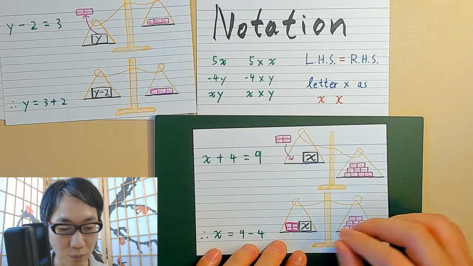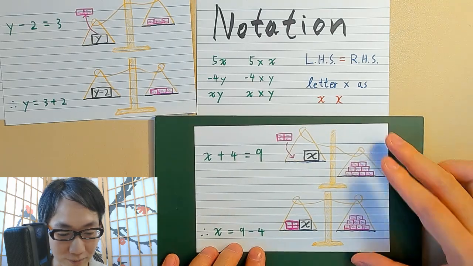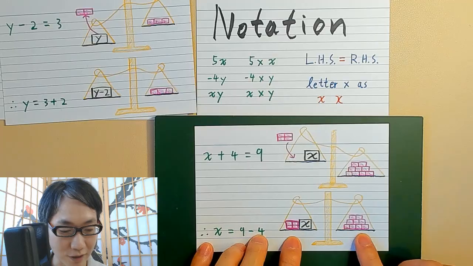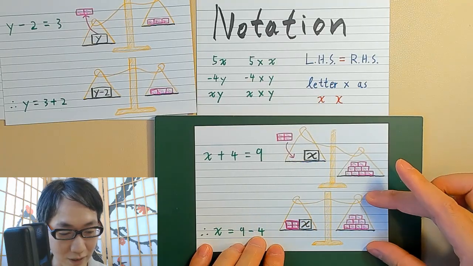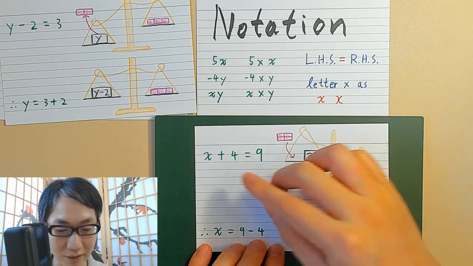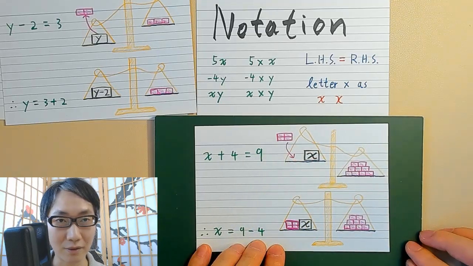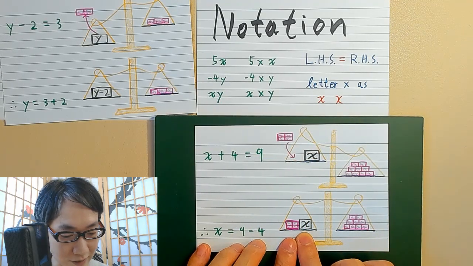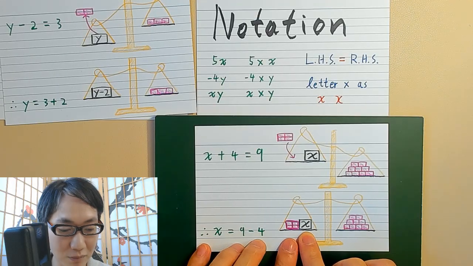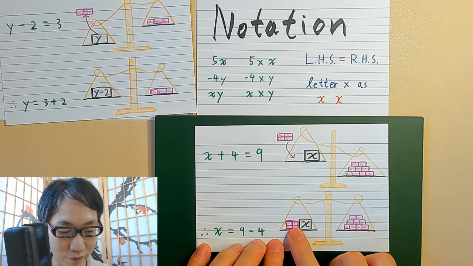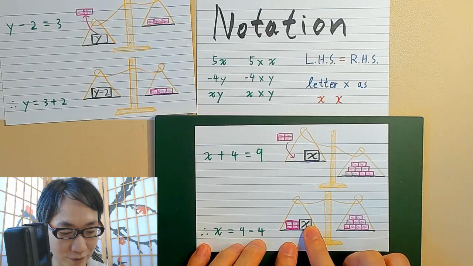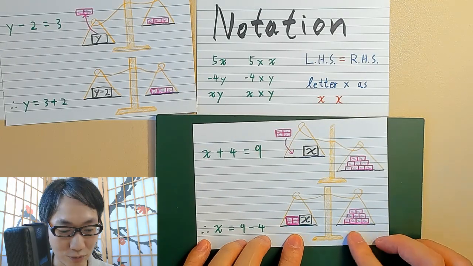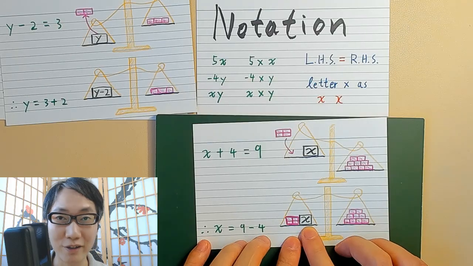Both sides have equal mass now. We can see from this diagram that this balance represents this equation. You can deduce that x has 5 unit masses in it, can't you? We have 4 here, unknown here, 9 there, and they're equal. So there should be 5 in here.